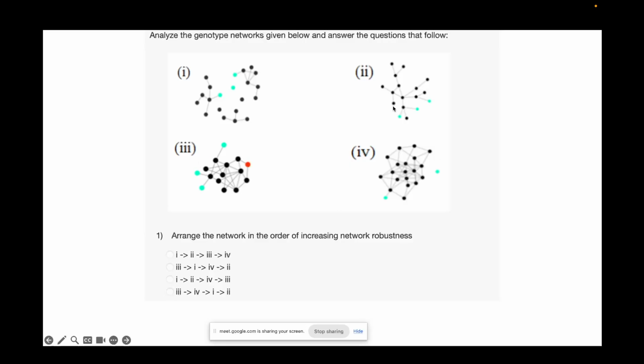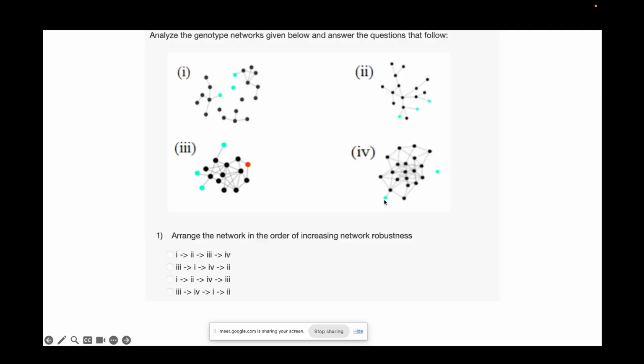The second one is also less connected, but it is still more connected than the first one. The third one is more connected than the first and the second as well. It has a high density of connections, and there is some sort of interconnectedness between them. If you consider the red node as a critical genotype, the overall network will still have alternative paths.